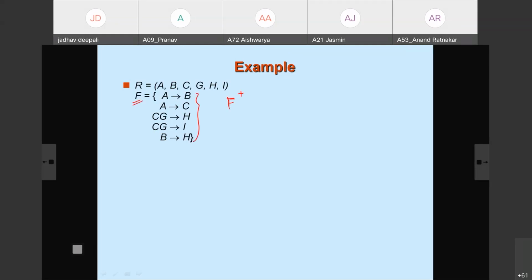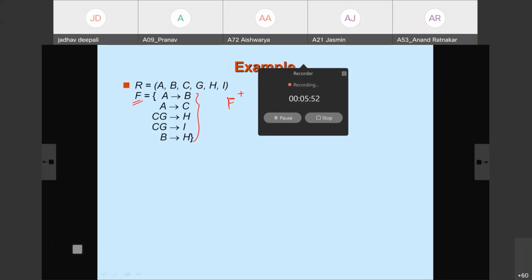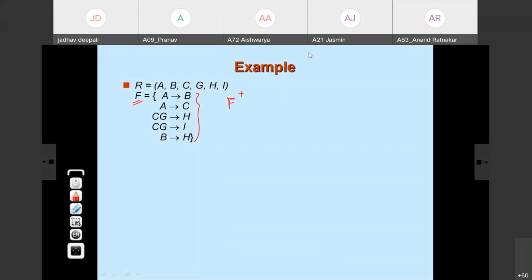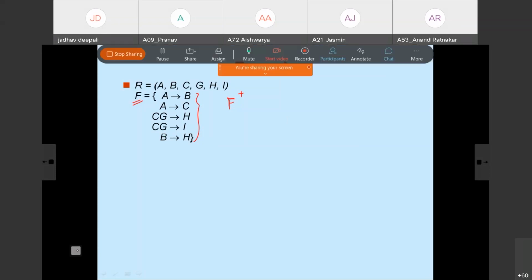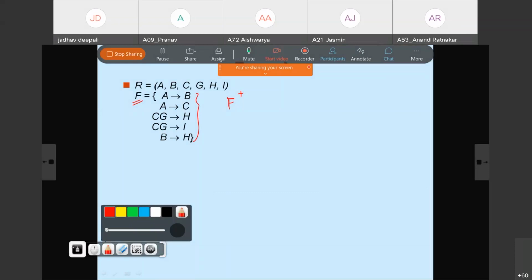Now apply the rules. I have already told you in the previous slide. So using some rules, we are going to determine some new functional dependencies. In this way, using the given set of functional dependencies, we can imply new members of F closure.